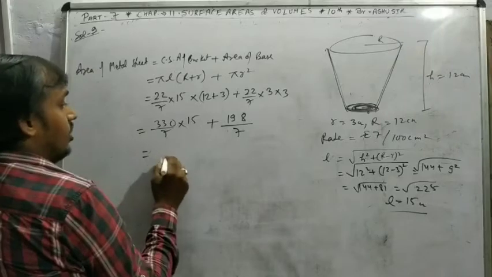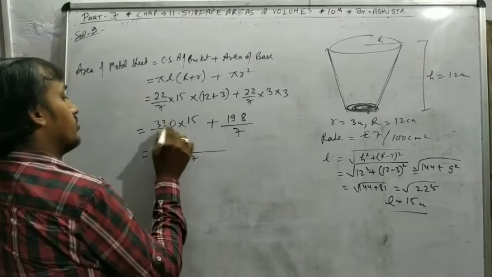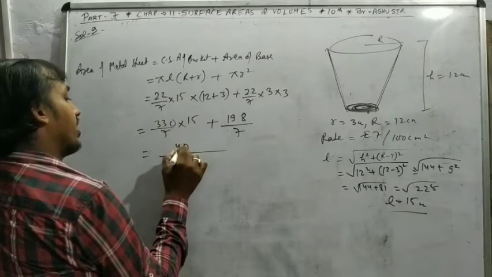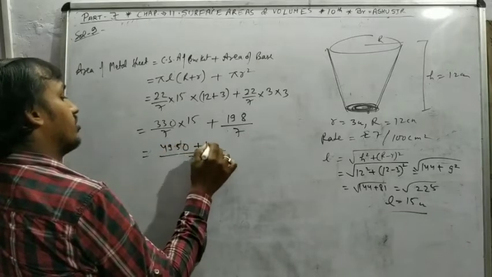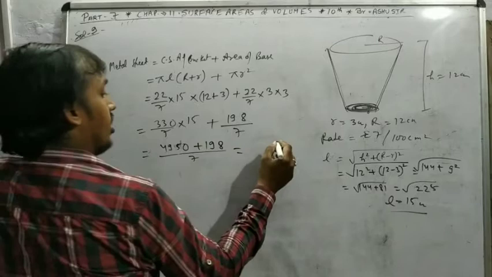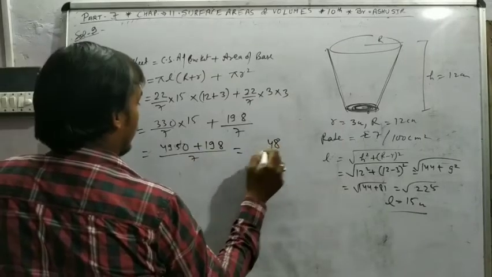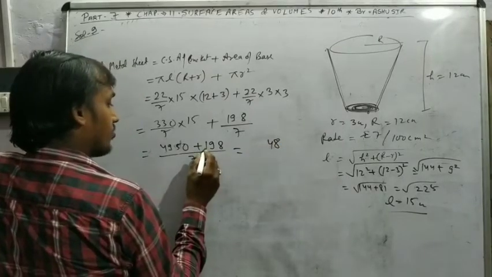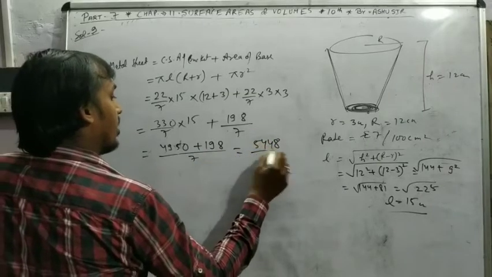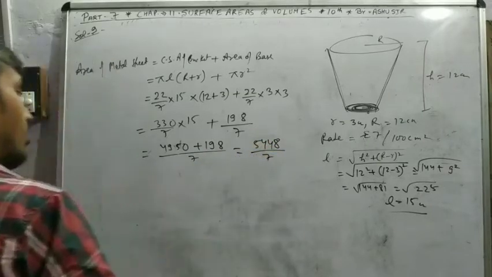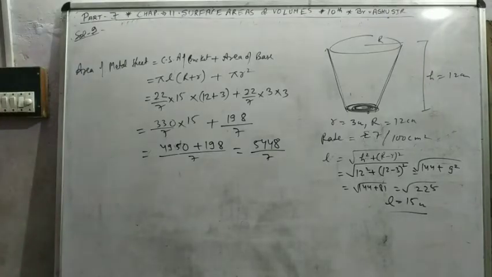Then take 7 LCM. 15 threes are 45. 15 threes are 45.